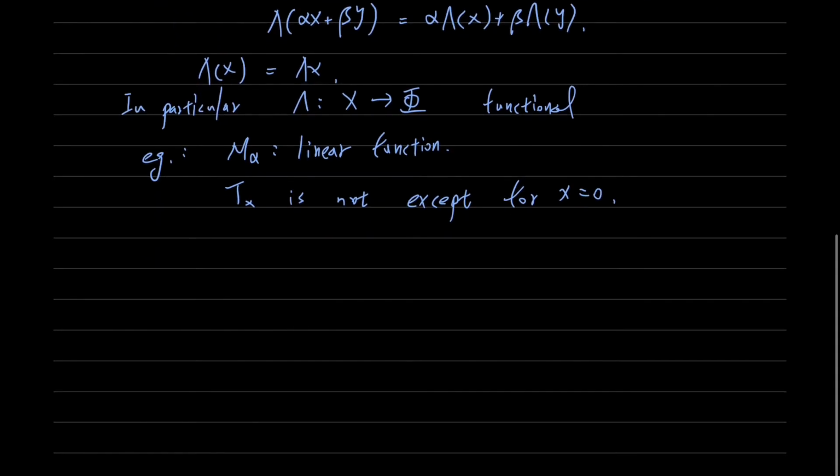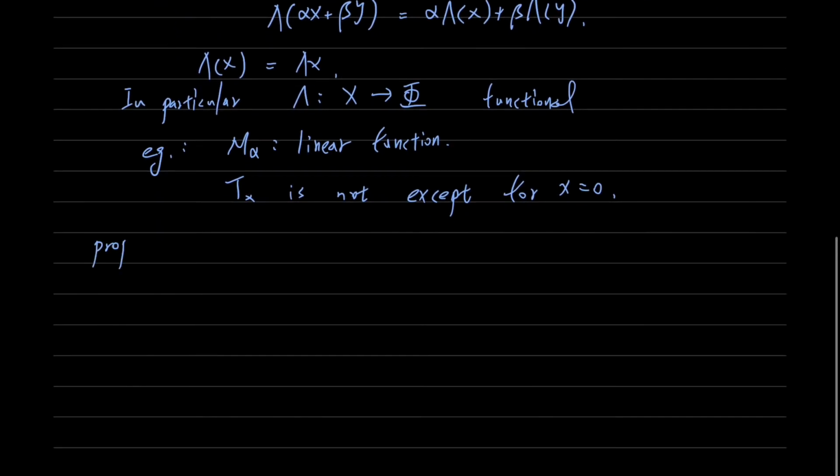So here are some basic properties that we will not prove, as they are an immediate result of linearity. We have lambda 0 is just 0.